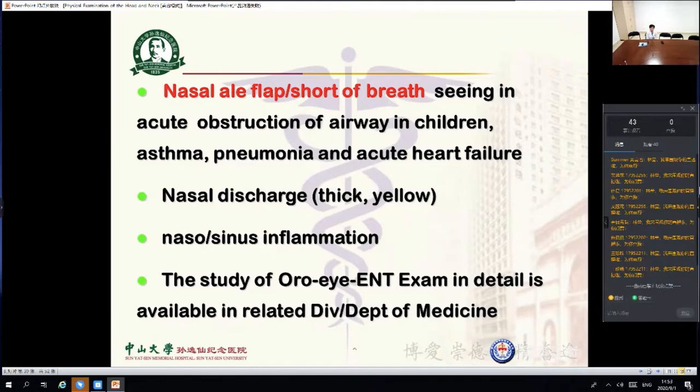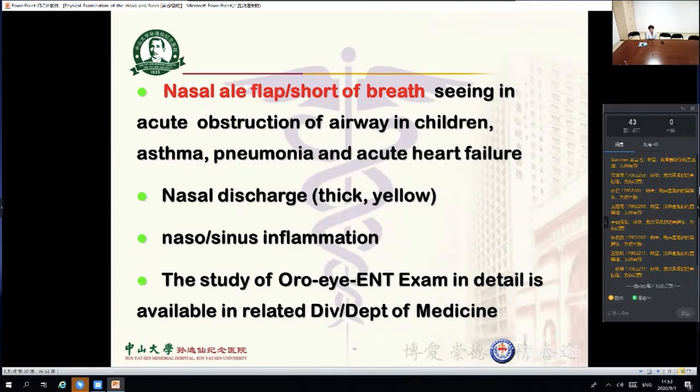Okay, and in our patient records, we need to record the characteristics of the nasal discharge, especially for the ENT doctors, to describe if the discharge is thick or yellow, which means the patient may suffer from the infection of some bacteria or other pathogens.